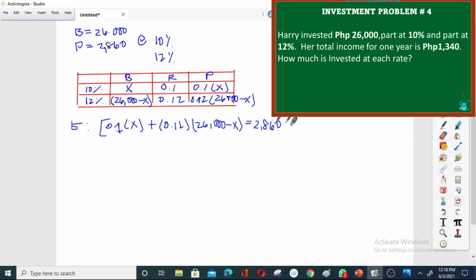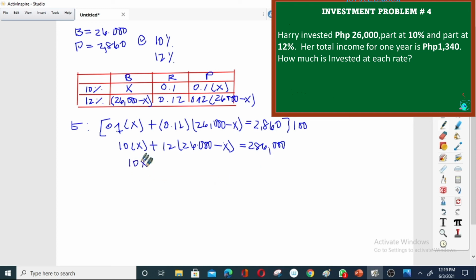So remove the decimal by multiplying both sides by 100. It becomes 10 times x plus 12 multiplied by 26,000 minus x is equal to 2,860 multiplied by 100, which is 286,000.